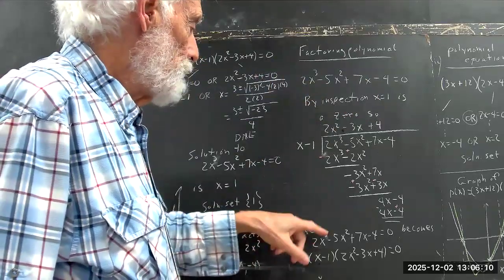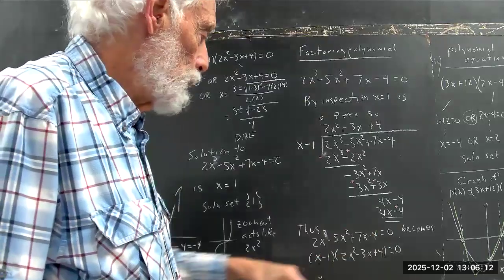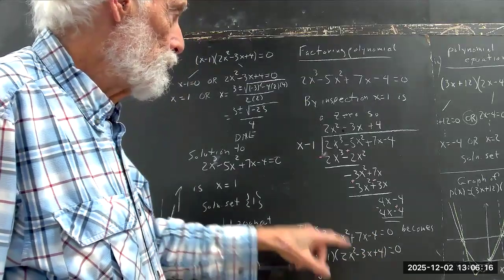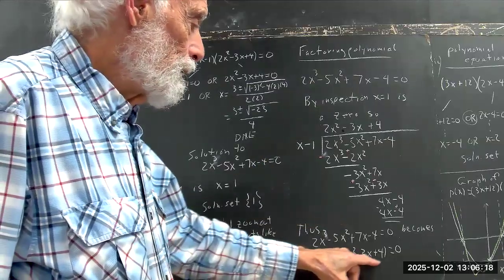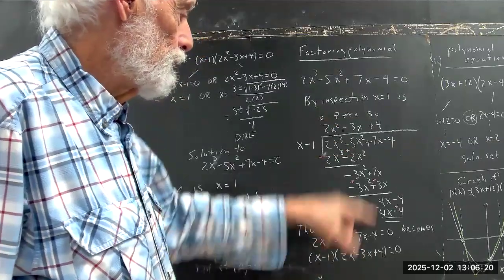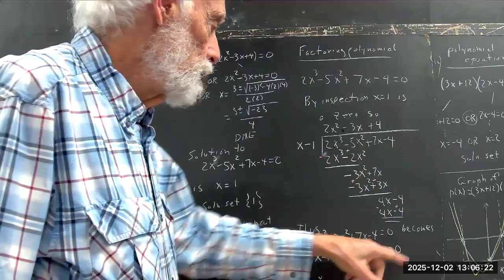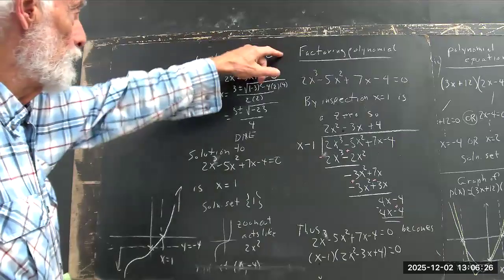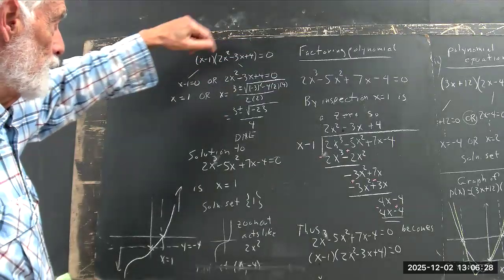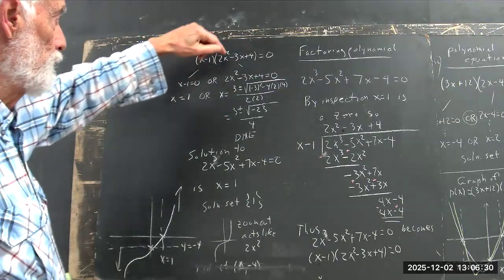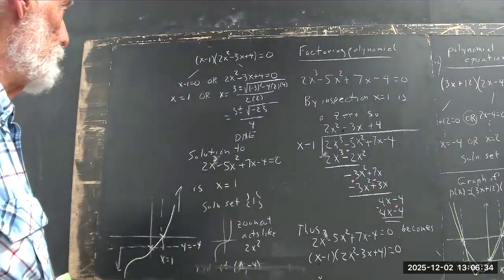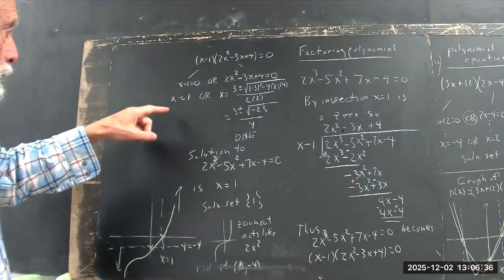That means this polynomial equation becomes x minus 1 times the quotient 2x squared minus 3x plus 4 equal to 0. So rewriting that equation, x minus 1 is 0, or 2x squared minus 3x plus 4 equals 0. Well, we solve those equations.